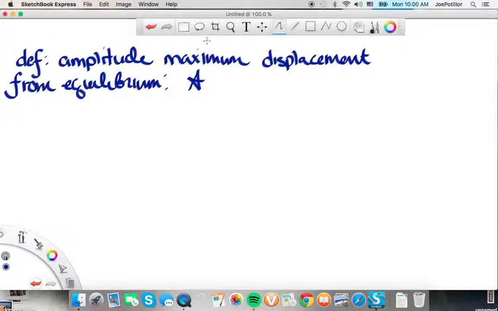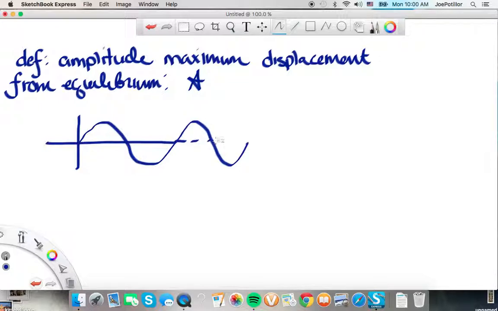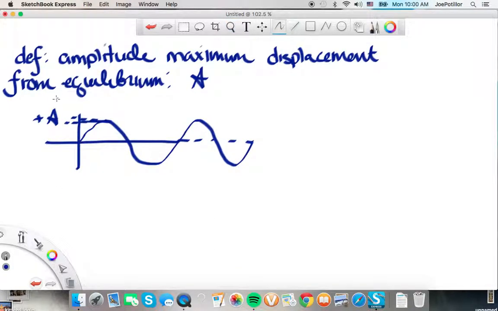When we graph a sine wave, for example, our amplitude is the maximum and minimum values here.